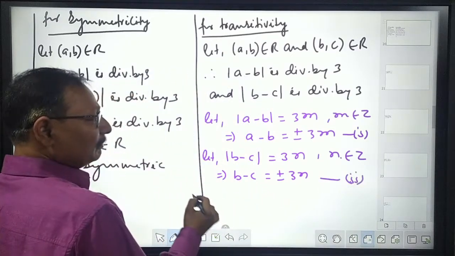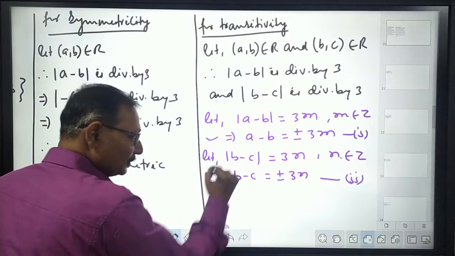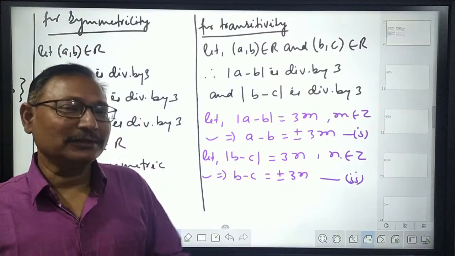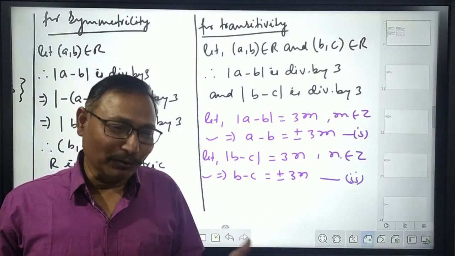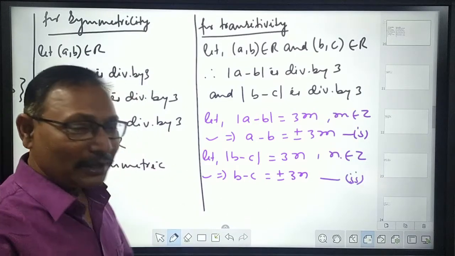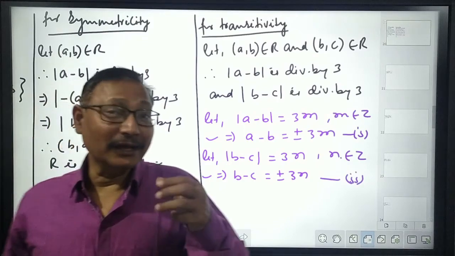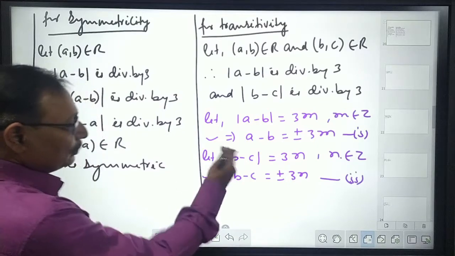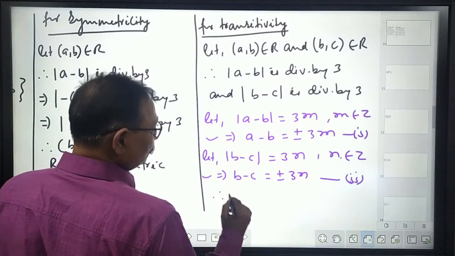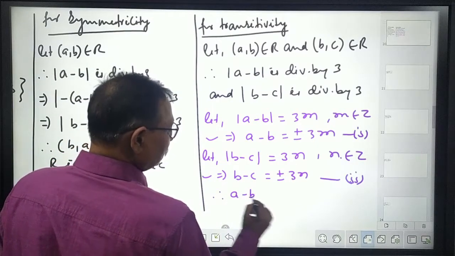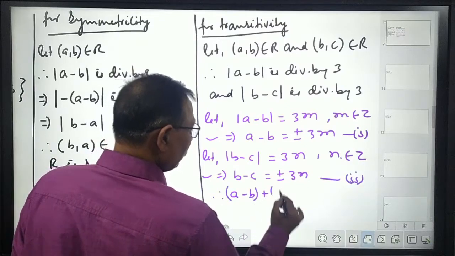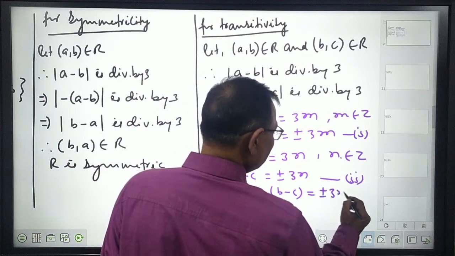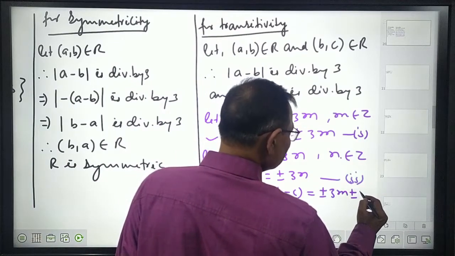Now these two are taken out of the symbol of modulus. If you bring them outside, now these two can be added together. So now add these two: a minus b plus b minus c is equal to plus minus 3m plus minus 3n.